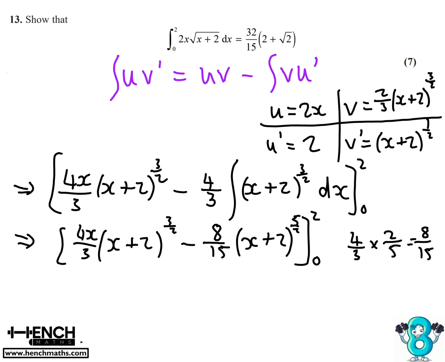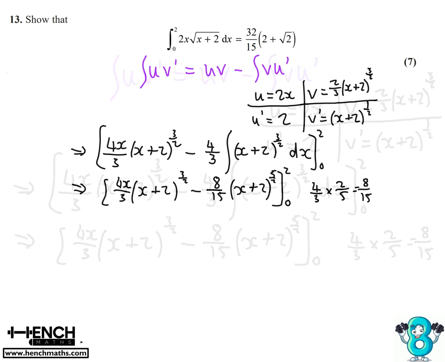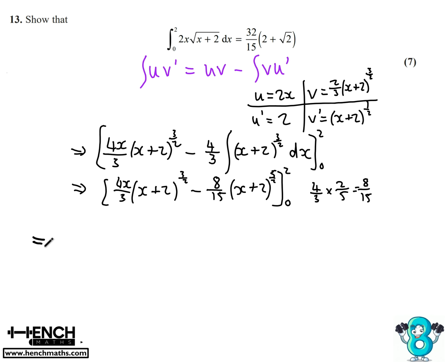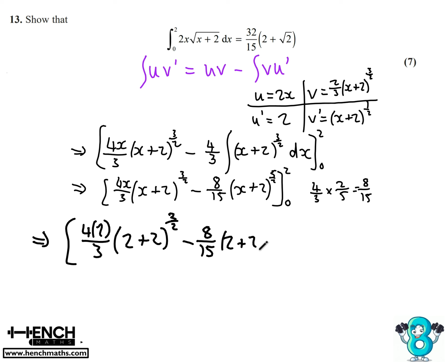So now we just need to put our limits in there. So first of all, let's sub in 2. So we're going to get 4 times 2 over 3, and then we're going to have 2 plus 2 to the power of 3 over 2. Subtract 8 over 15, 2 plus 2 to the power of 5 over 2.